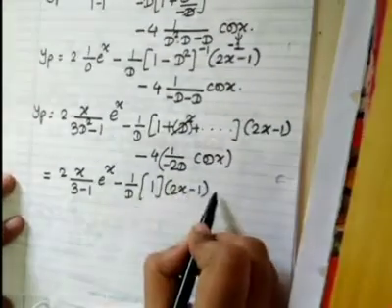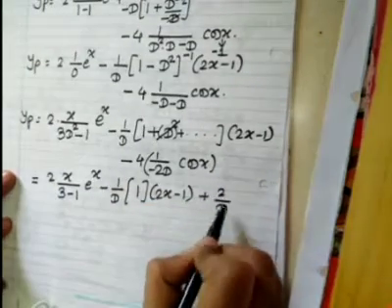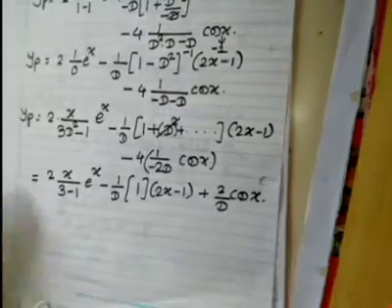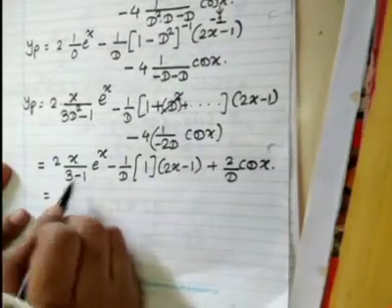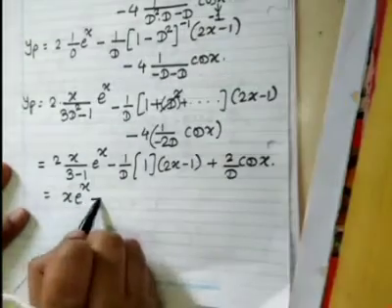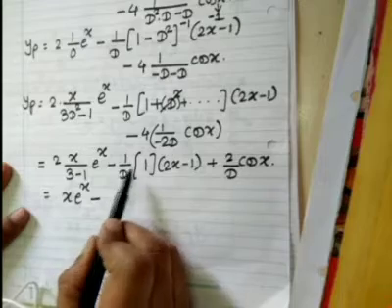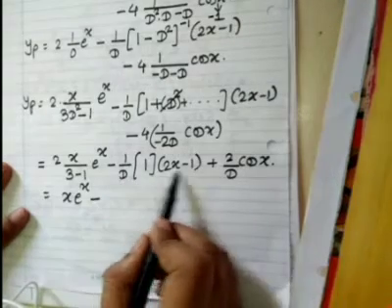Minus minus, here it is plus 2 by d cos x. That is 3 minus 1, 2 cancel, x e raised to x minus 1 upon d. What is 1 upon d? Integration of this term.